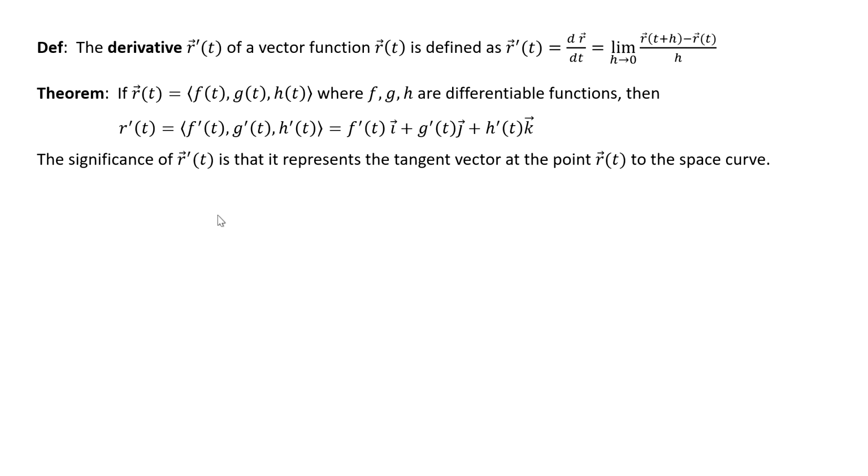Hopefully I can demonstrate this to you using GeoGebra, but here is the idea. As t changes, r changes. Is that a fair statement to make? Yeah, r is a function of t. So if t changes, r changes. What does r represent?